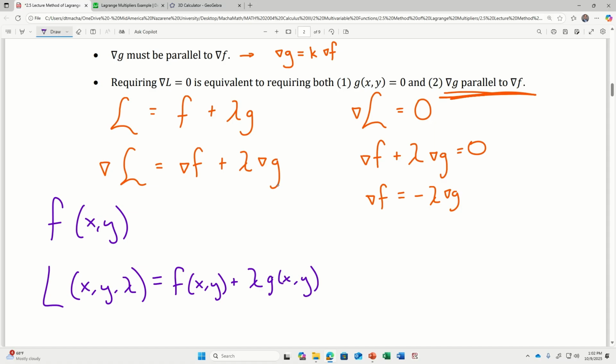So really, when I talk about the gradient of the Lagrange function, I'm talking about a three-dimensional vector.